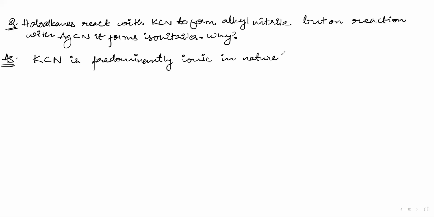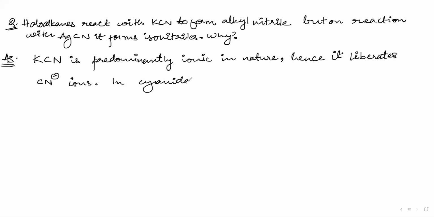Okay, so what will happen? Hence it liberates CN negative ions. Now, what is the cyanide ion? The cyanide ion is nothing but CN negative.